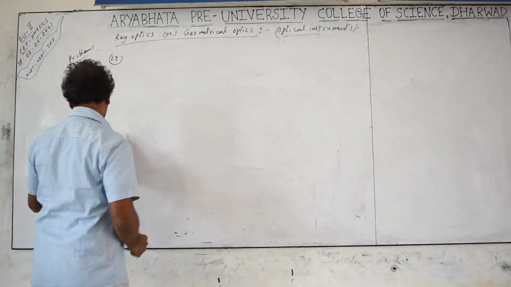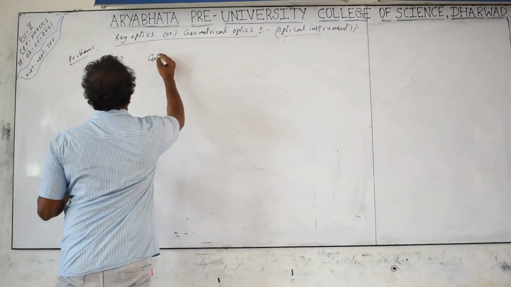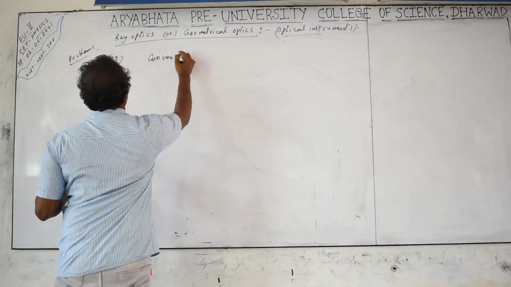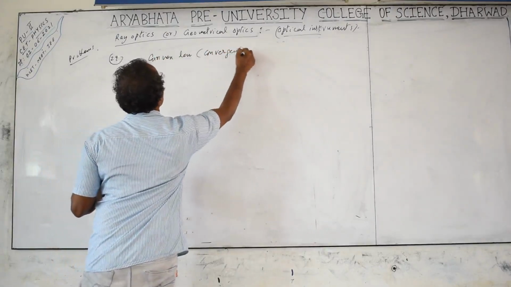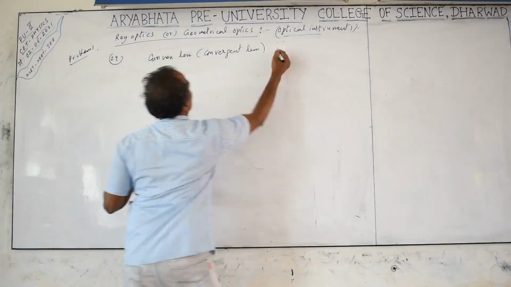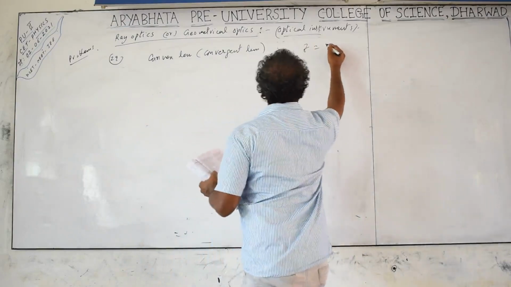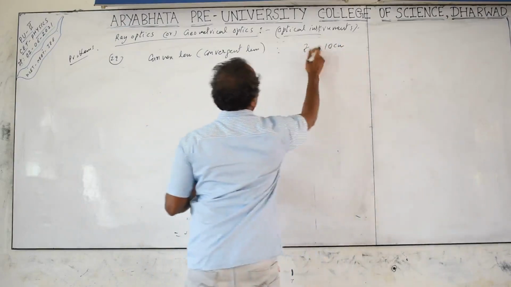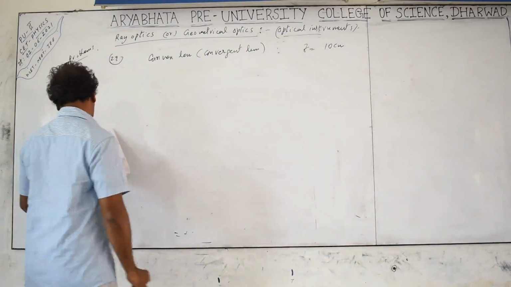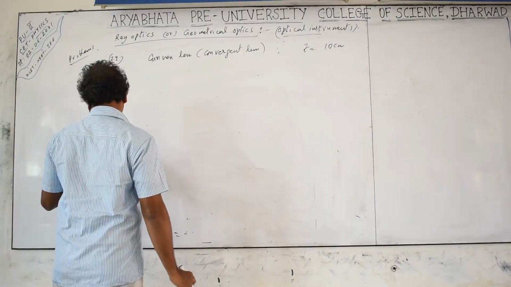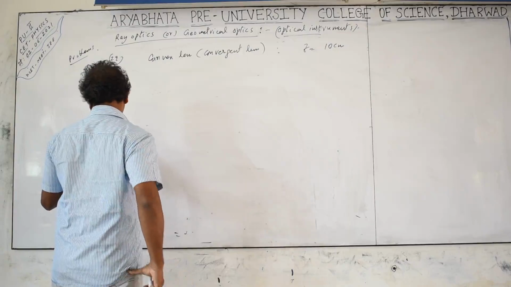A convex lens has a focal length of 10 centimeters. Convex lens means convergent lens. Given f is equal to 10 centimeters. A convex lens has positive focal length, a concave lens has negative focal length. Find the magnifying power for the near point and far point.